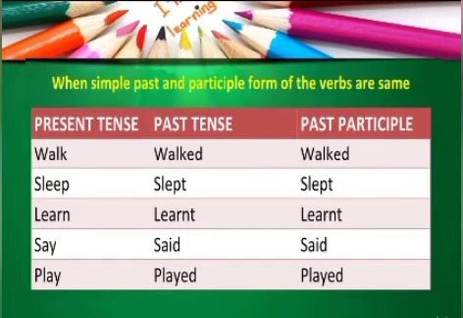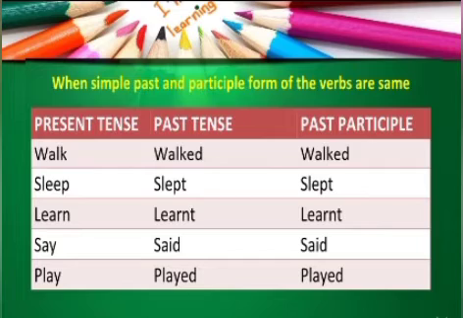Now let's look at a few verbs in all the three forms. When the simple past and past participle form of the verb are the same: walk, walked, walked; sleep, slept, slept; learn, learnt, learnt; say, said, said; play, played, played.